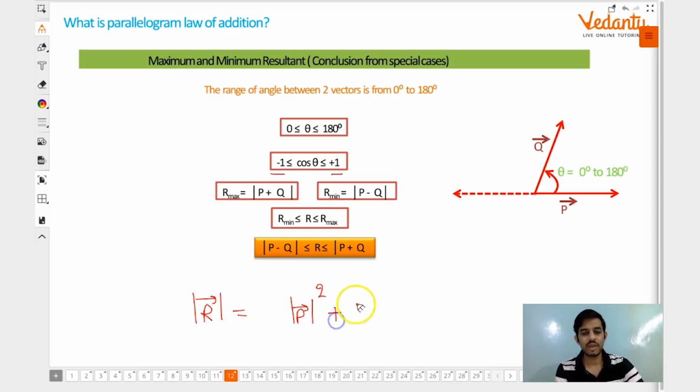Mod P का square plus mod Q square plus 2 times mod P mod Q.